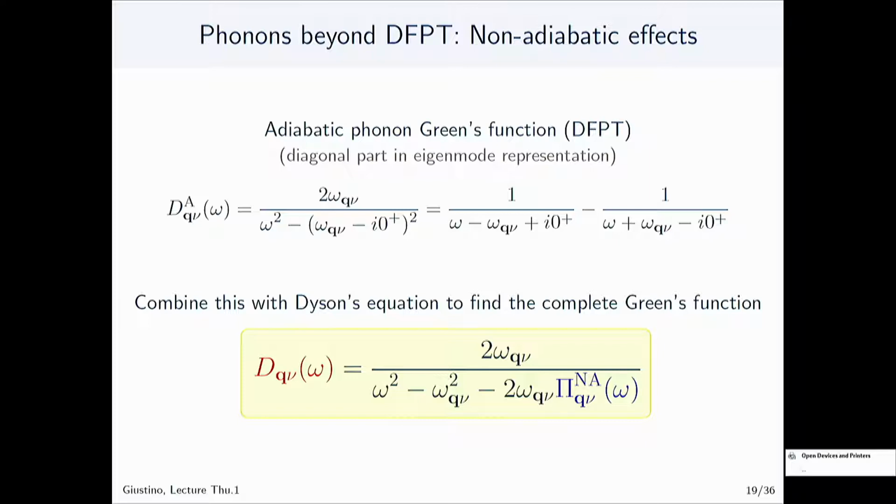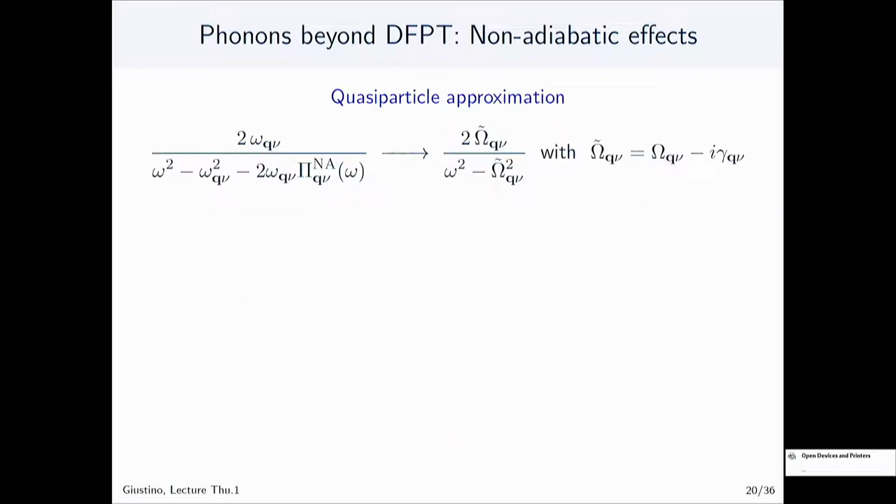So in which way can we do a quasi-particle approximation like we did yesterday. This object is very complicated, but if we imagine that the spectral function, so if you take the density of states of that, will still be some kind of peak, maybe a bit deformed, but still a peak, you can try to approximate this object as a single pole, and this pole may have a real part and a complex part.